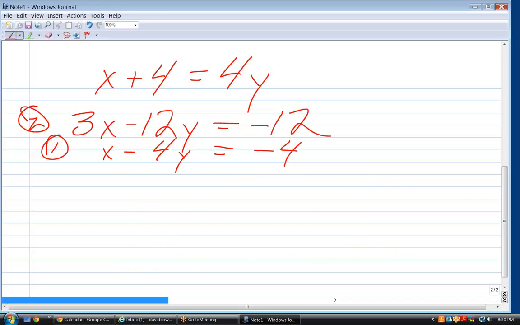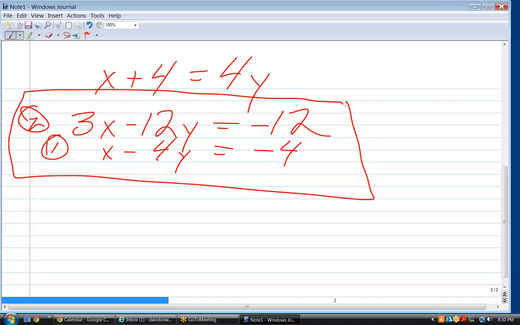In other words, equation 2 is a multiple of equation 1. Therefore, that system of equations must also have infinitely many solutions. That's why I couldn't solve it when I went to solve it by substitution. I didn't get a solution. I got minus 12 equals minus 12. So when you can't solve it by substitution, it means something's going on. And you end up with 3 possible outcomes.